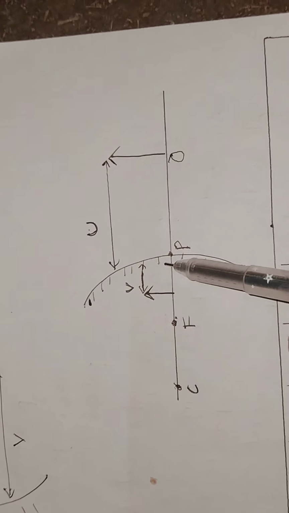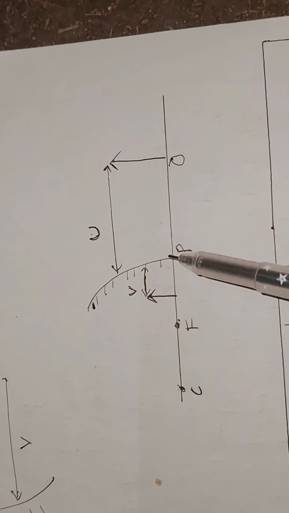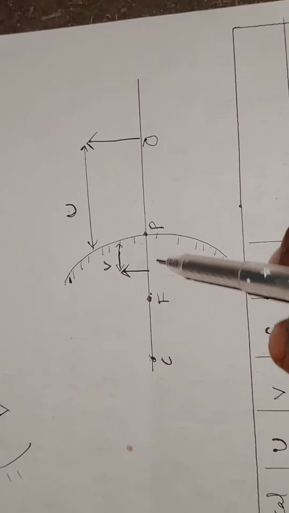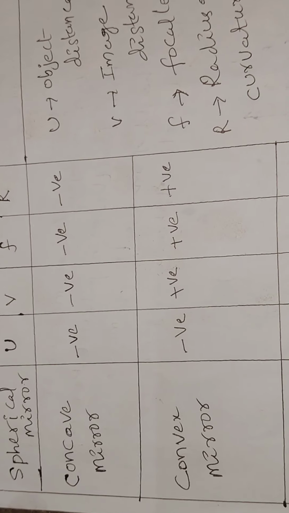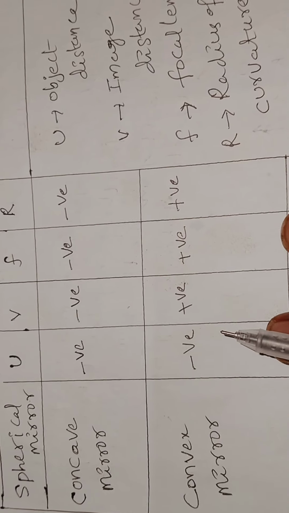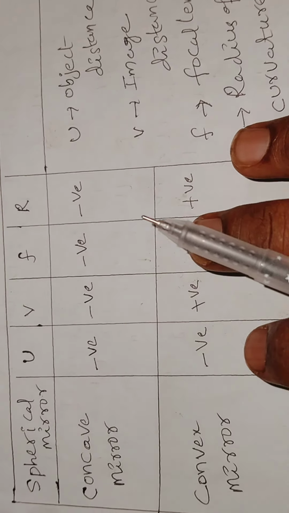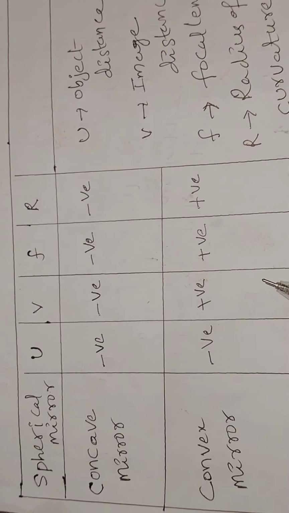Whereas image distance, focal length, and radius of curvature are measured along the direction of incident ray, so these distances are positive. Only in case of a convex mirror, object distance is negative.